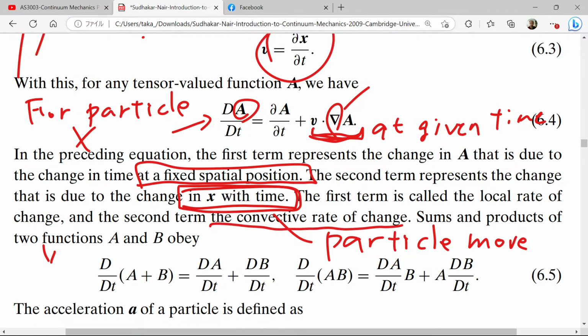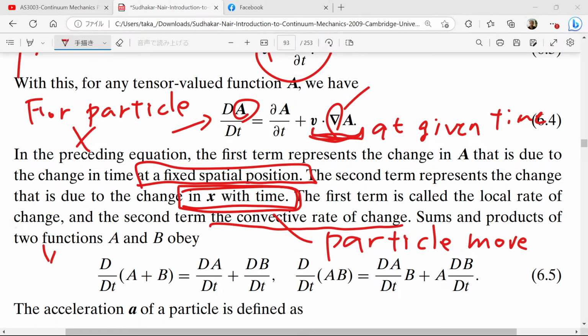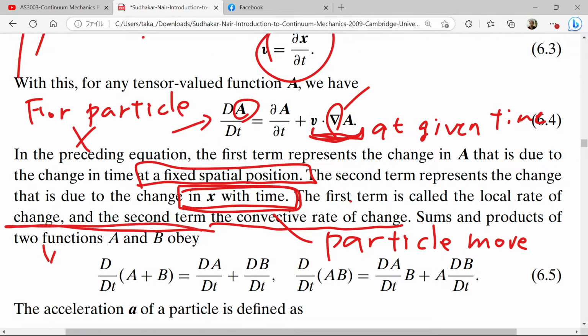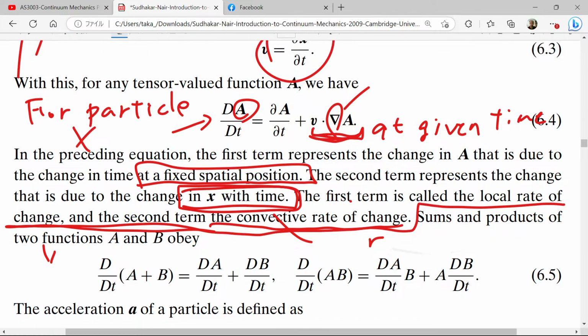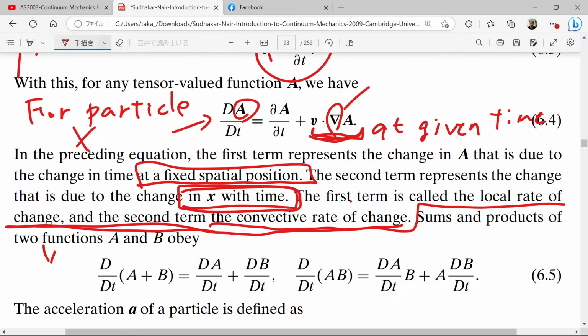Convective rate of changes. Such sums and products of two functions a and b of a. Okay, this is another thing. See, I don't know why they don't change paragraph. This is another thing. See, this is just a mathematic review.